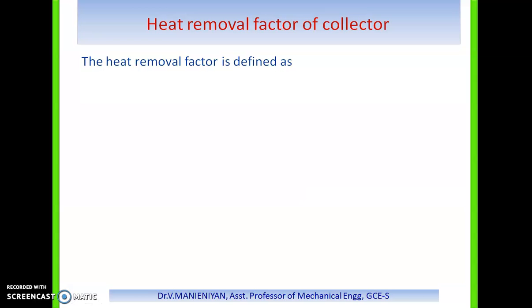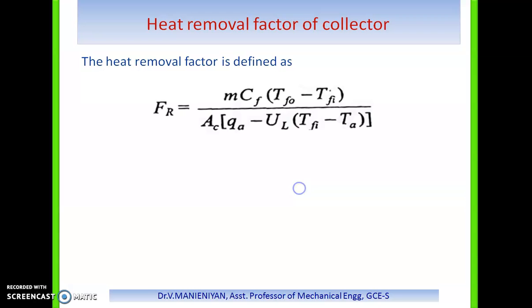What does the heat removal factor mean? For a flat plate collector, it is defined as the ratio of the actual useful energy gain to the useful energy gain if the entire collector were at the fluid inlet temperature. It is expressed using this equation, which can be rewritten with the heat removal factor FR and Ac, and the heat loss term with the difference between the inlet fluid temperature and the atmospheric temperature.